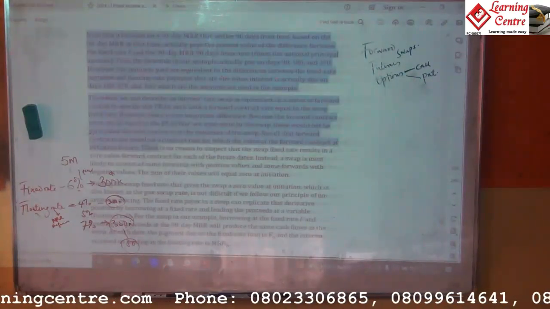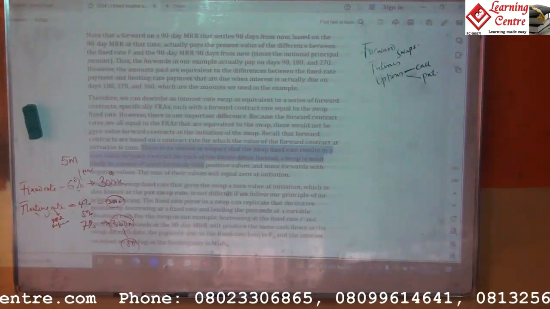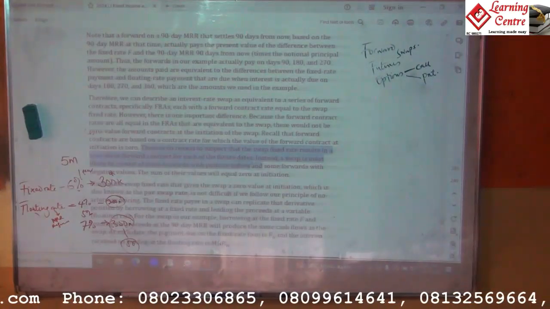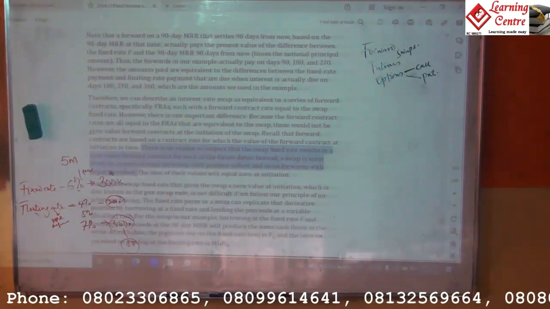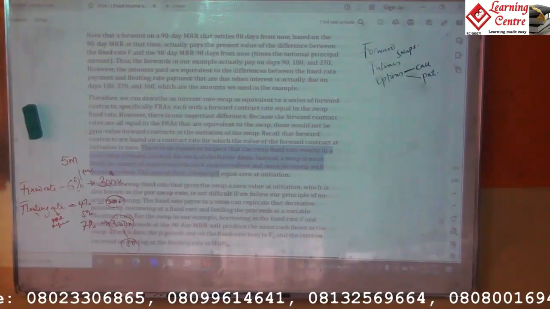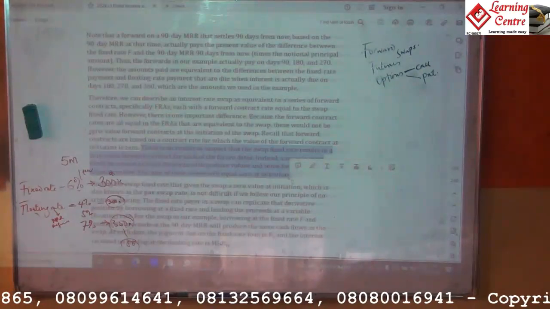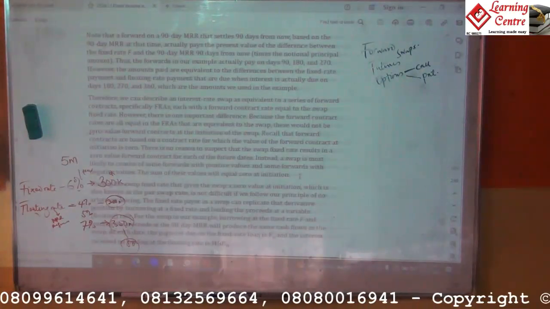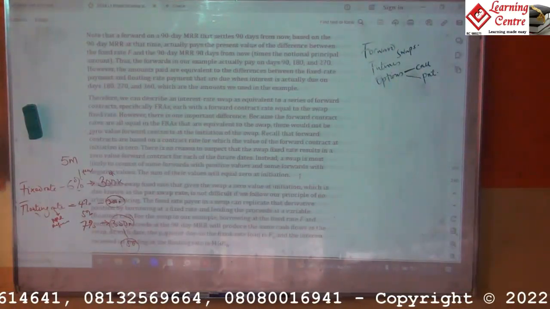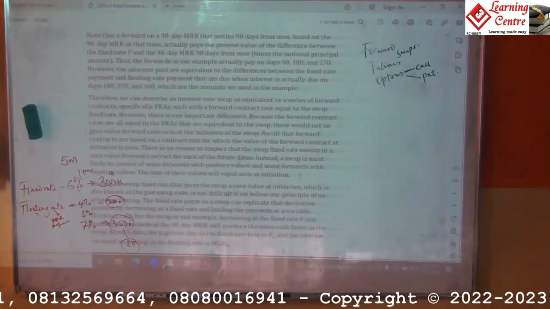Instead, the swap is most likely to consist of some forwards with positive values and some forwards with negative values. The sum of the values will equal 0 at initiation. So whether it's a swap or a forward, at the end of the day, at initiation, everything boils down to 0.